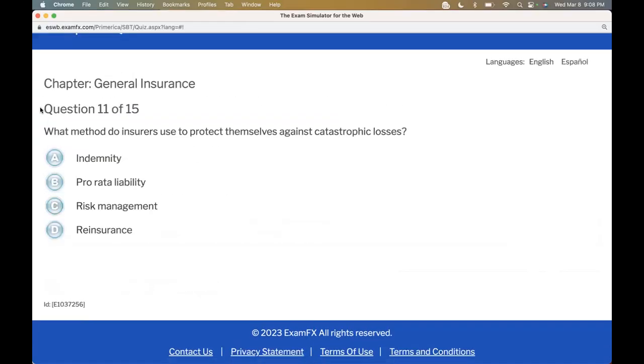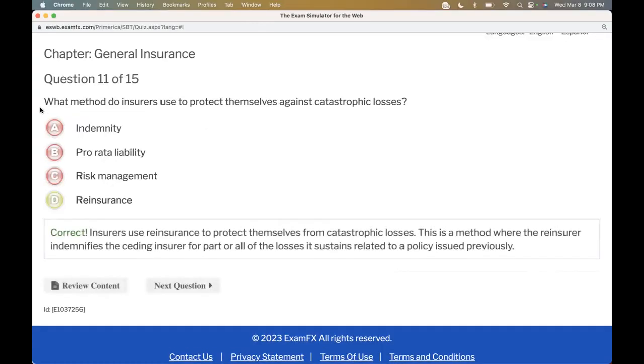What method do insurers use to protect themselves against catastrophic losses? Remember this one? I'll let you answer this one. D. Yeah. Reinsurance, catastrophic losses. Nice. Good job.